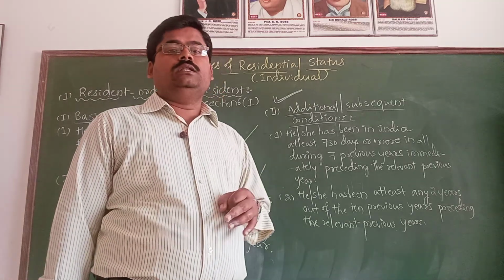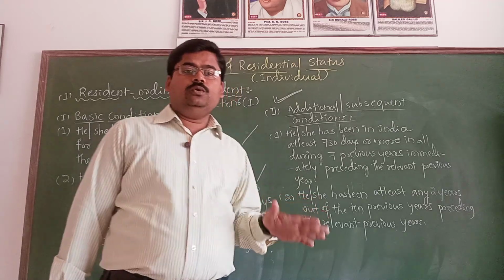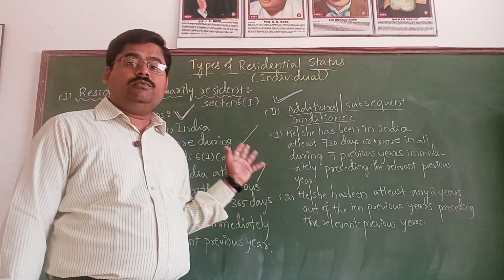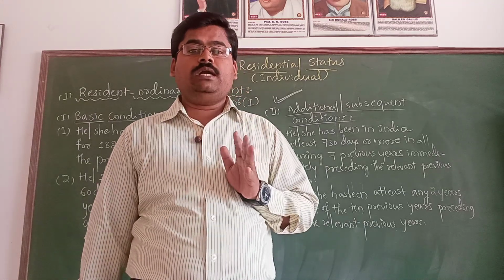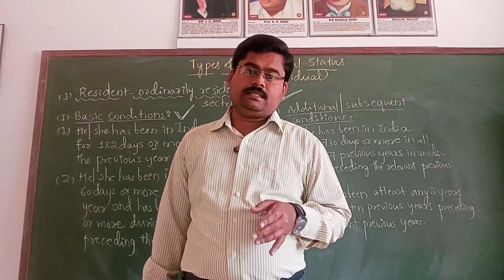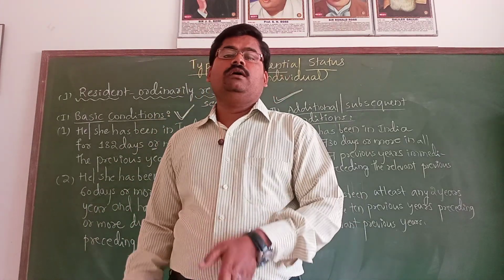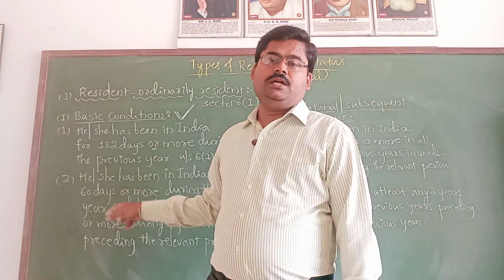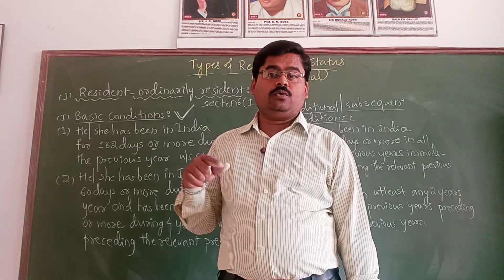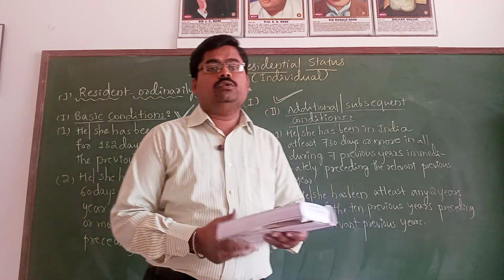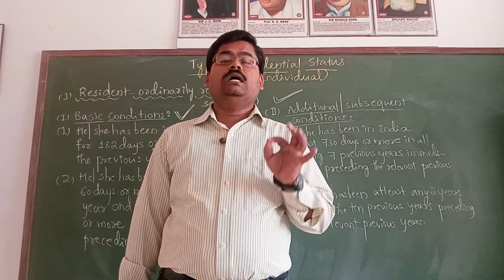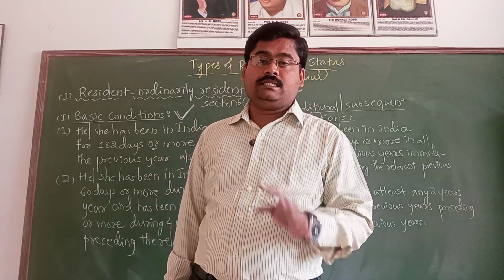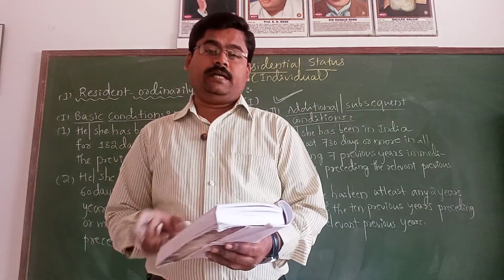So here you need to remember the number of days stayed by an individual. To be called a resident ordinarily resident, he has to fulfill any one of the basic conditions, and not only that, both the additional conditions. That is the first important type.